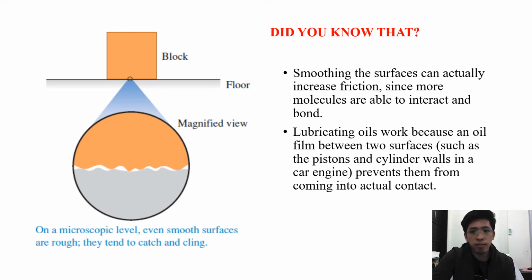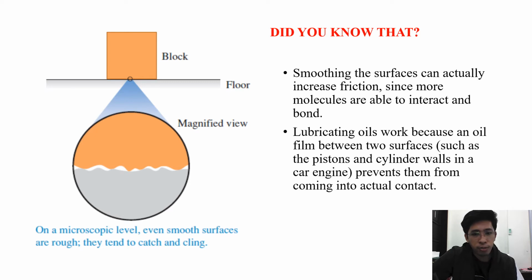Lubricating oils work because an oil film between two surfaces, such as the piston and the cylinder walls in a car engine, prevents them from coming into actual contact. If you view the figure on a microscopic level, even smooth surfaces are rough and tend to catch and cling.